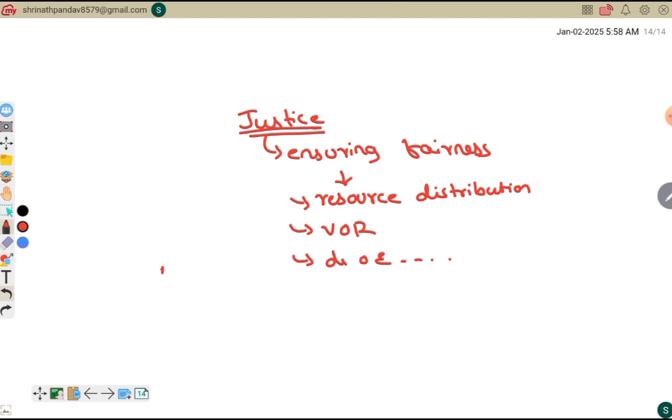For example, procedural justice. Here, following the procedure to provide justice. Another type is substantive justice. Here, justice is achieved outside the procedure. And these are the types of justice.